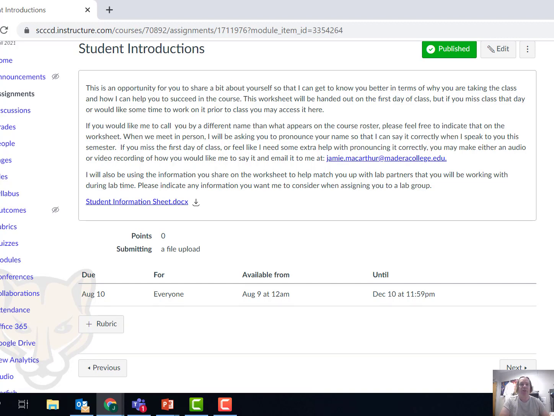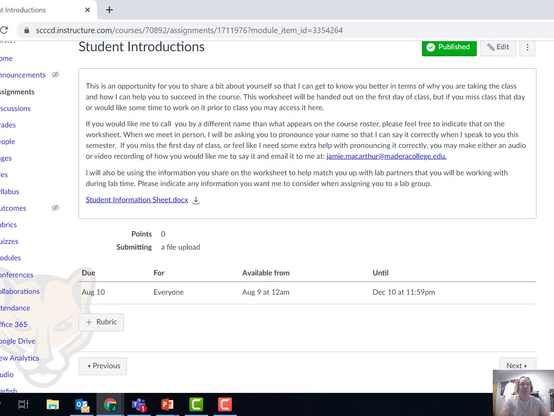This is something I will look at related to assigning you to lab groups. So that's why I have this. If there are particular concerns you have about who you want to be working with, what kind of people you want to be working with, that's what this is for.